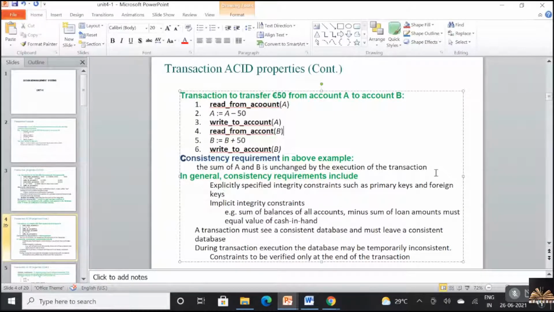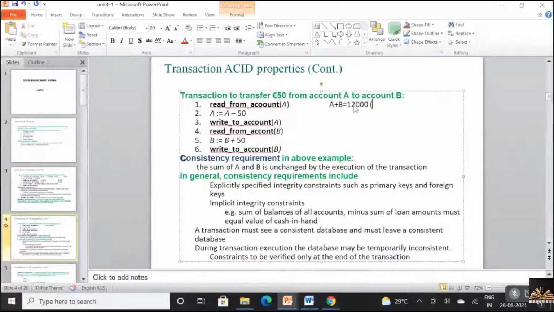Then only I say that the transaction has achieved the consistency requirement. I'll just make it simple. Before the start of the transaction, A plus B is equal to 12,000.